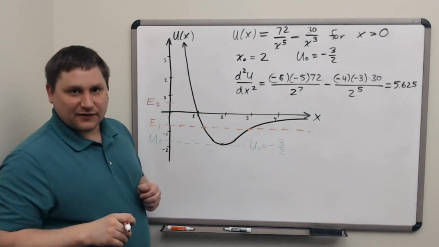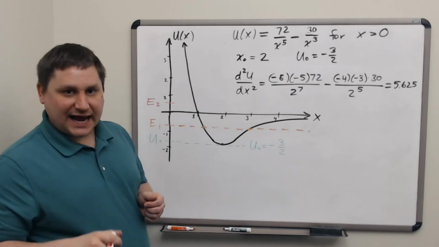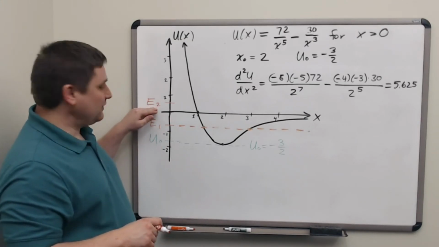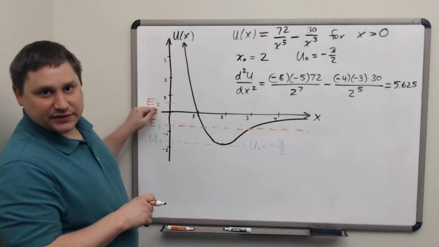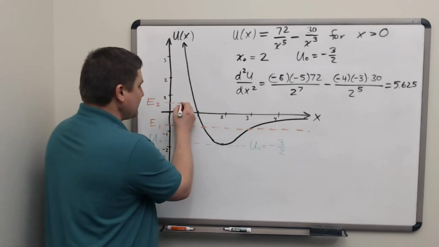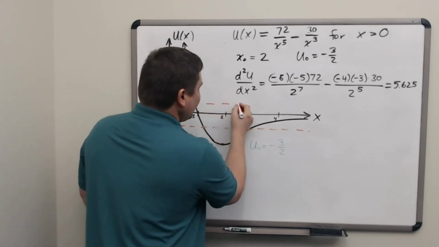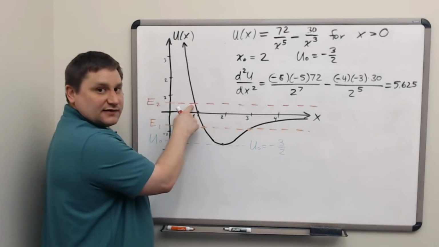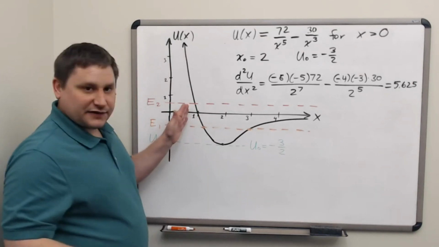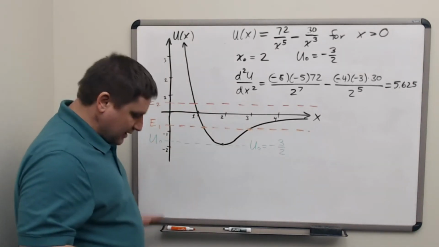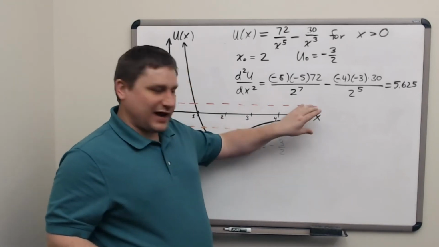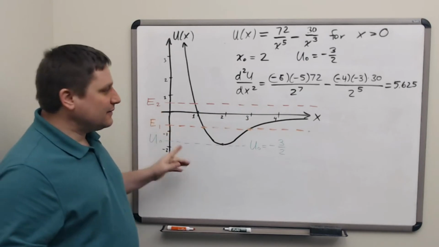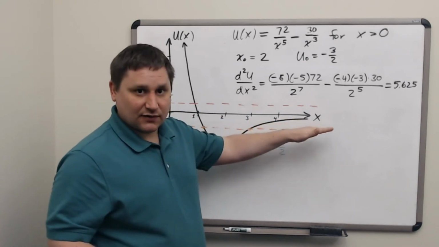Next, let's think of how the system would behave if it had an energy larger than or equal to 0, represented by E2 here in the red. Motion with this energy value would only have one turning point, somewhere close to the origin. Out to the right, the object would have some leftover kinetic energy equal to E2, because the potential energy goes to 0.